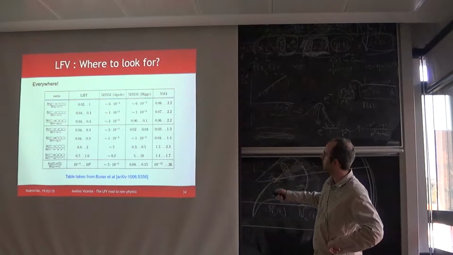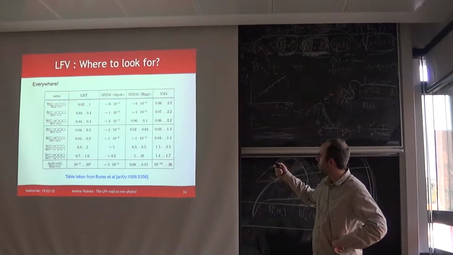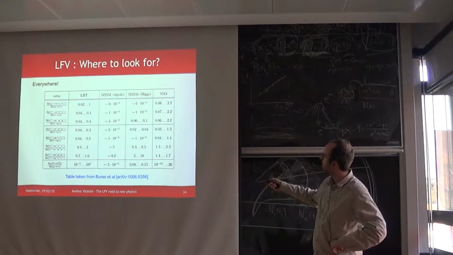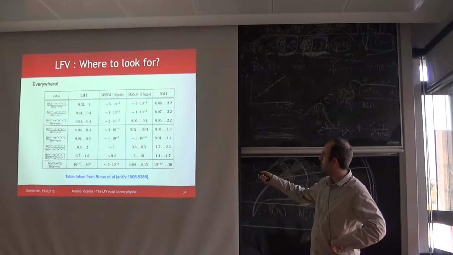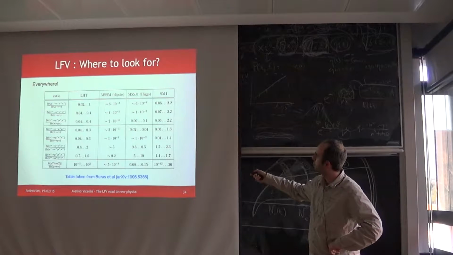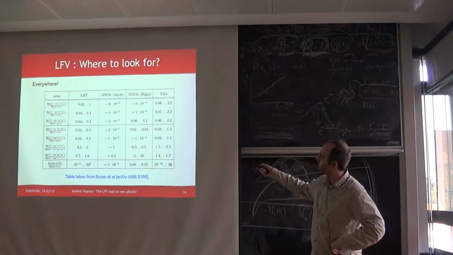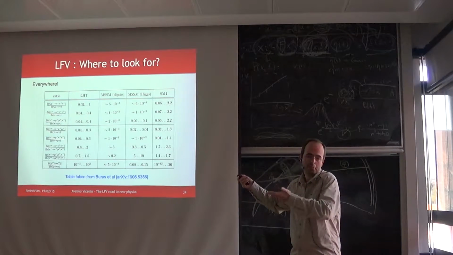And they do it for 4 models. These 4 models are a little Higgs model. You don't need to know what it is. This is not important at this point. This is the MSSM, which is a supersymmetric model in a particular region of parameter space, which is called dipole. There is another region which is called Higgs. And then this is the standard model with 4 generations. We have 3. This is the standard model with 4.